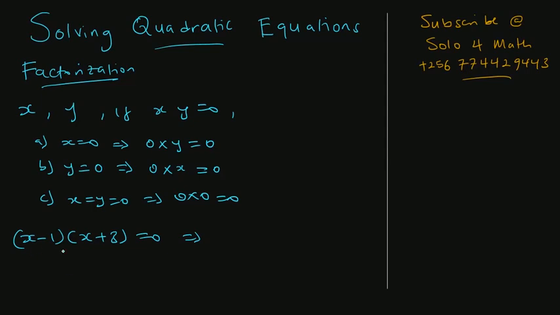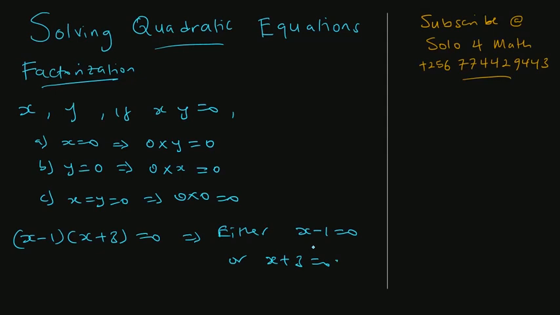If x minus 1 and x plus 3 are factors of this expression, then for that expression to be equal to 0, either x minus 1 is 0, or x plus 3 is 0.